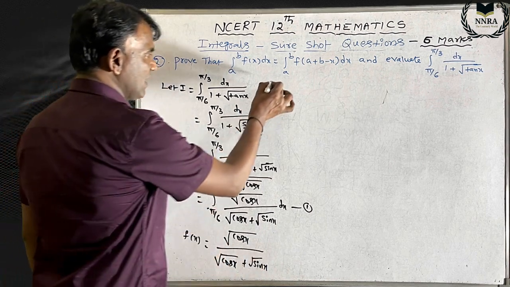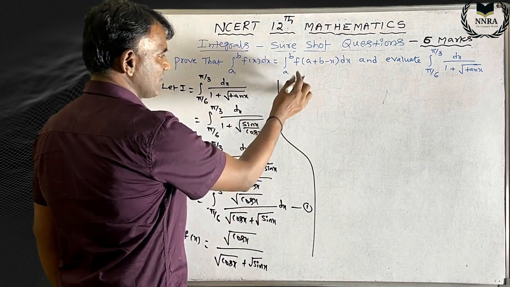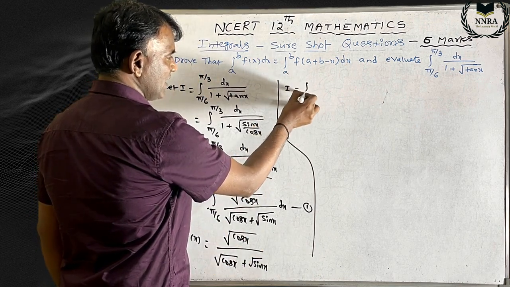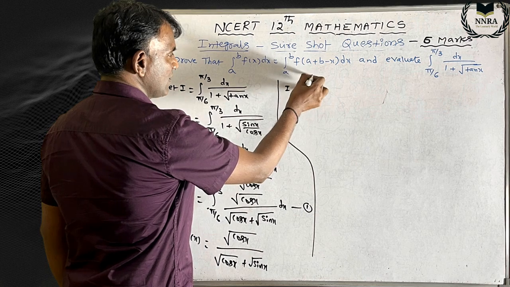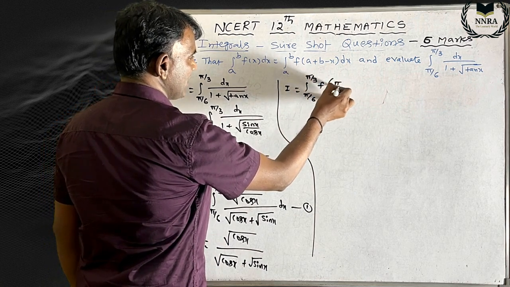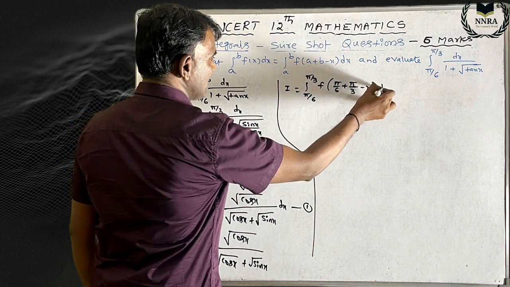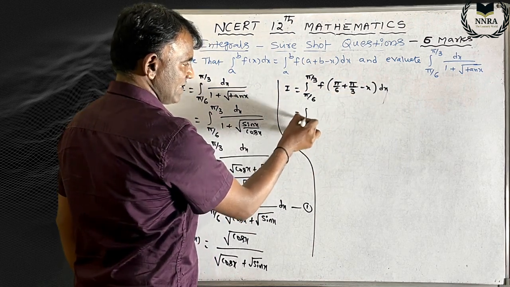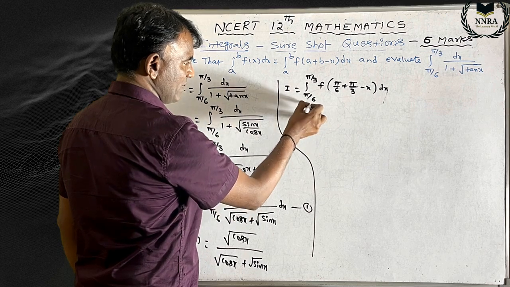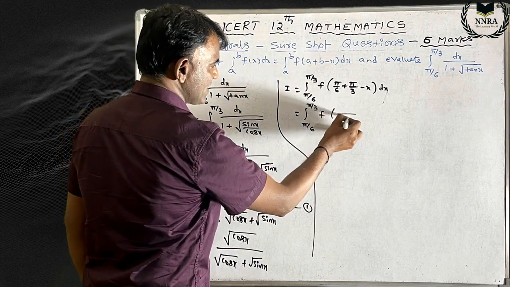And again we'll write one more I value. But how to write this I value? So this is the formula, na? Integral a to b f of a plus b minus x into dx, where a plus b is pi by 6 plus pi by 3. So that is integral pi by 6 to pi by 3 f of, now LCM is 6, na?